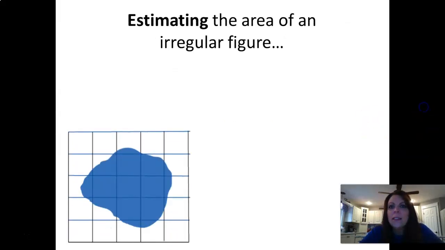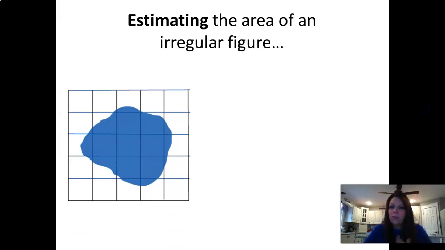All right, so estimating the area of an irregular figure, if we're thinking about those colonists that said my yard goes from that post to that rock to that tree, they needed to estimate how big their yard was. So what we would do first is count the number of full squares in this picture. So we've got right here 1, 2, 3, 4 squares that are 100% shaded in.